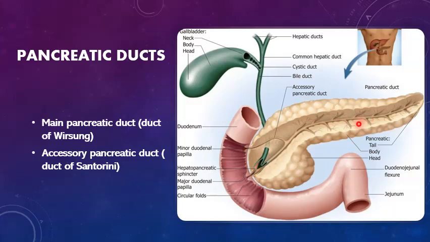And at the neck, this is the neck region, right? At the neck region, the main duct, if you observe, runs downwards and forwards, downwards, backwards and to the right, and reaches the posteromedial wall of the second part of the duodenum.